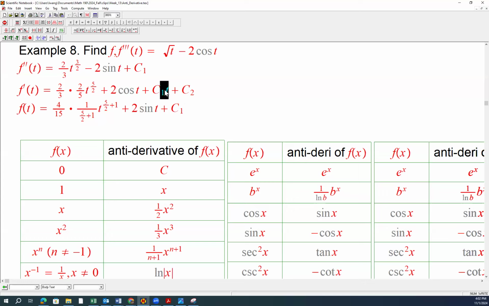The antiderivative of t is half of t squared. That's c1 t squared over 2 plus c2 t and plus c3. Three constants.